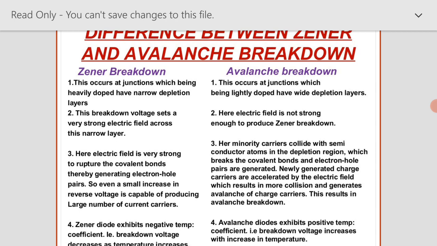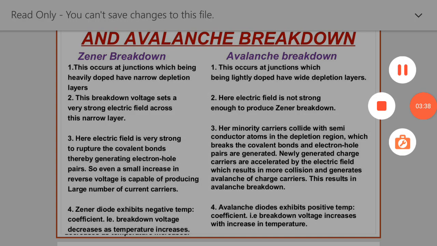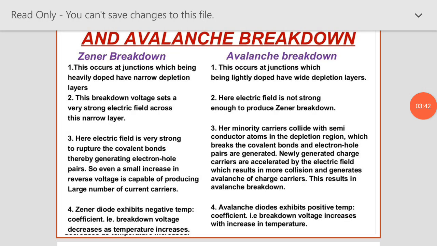Here the electric field is not strong enough to produce a Zener breakdown. In Zener breakdown, the electric field is strong enough to rupture the covalent bonds, thereby generating electron hole pairs. So even a small increase in reverse voltage is capable of producing a large number of current carriers.